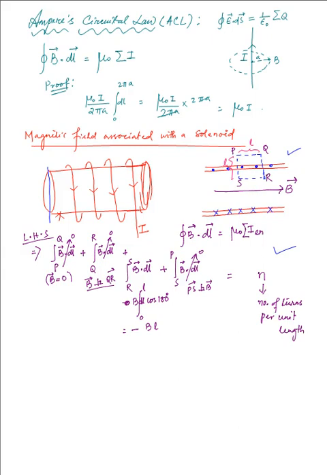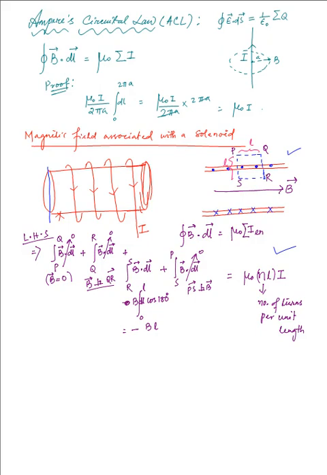Now n is the number of turns per unit length, and what is the length of this element that we are considering? The length extends over the distance L, so the total number of turns contained within that is n into L, and that will have I for each turn. So the total number of turns into the current associated with each turn gives me the total current that is enclosed, and mu naught times that is as per Ampere's Circuital law.